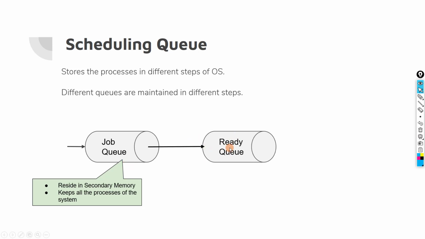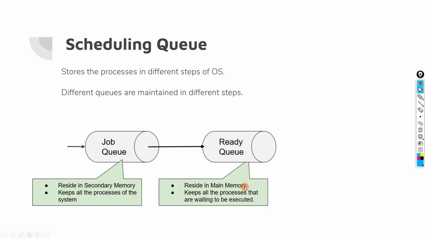Then comes the ready queue. The ready queue resides in the main memory, or you can say the RAM of the computer, and it keeps all the processes that are waiting to be executed. From the job queue in the secondary memory, the processes come into the ready queue in primary memory, and from the ready queue the processes go to the CPU to be executed.